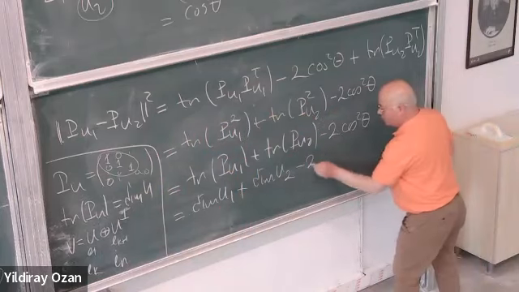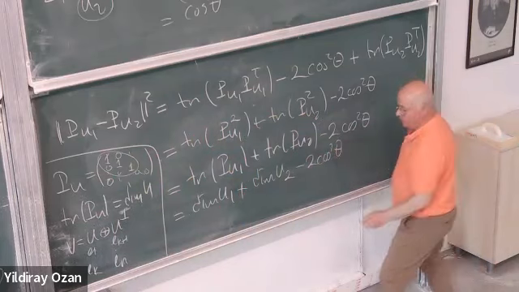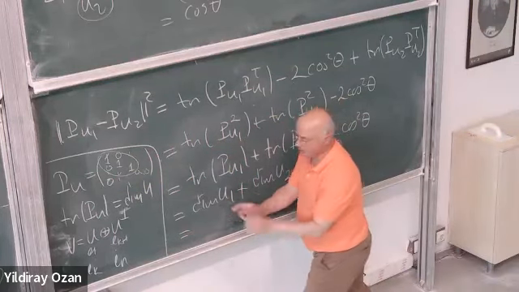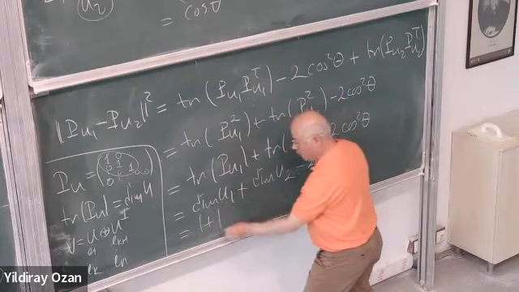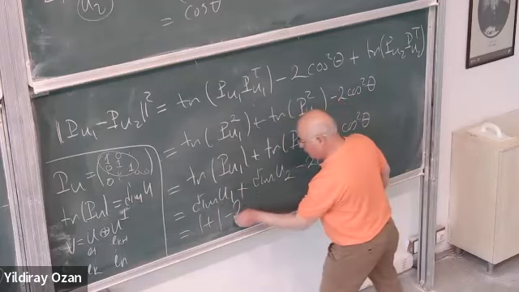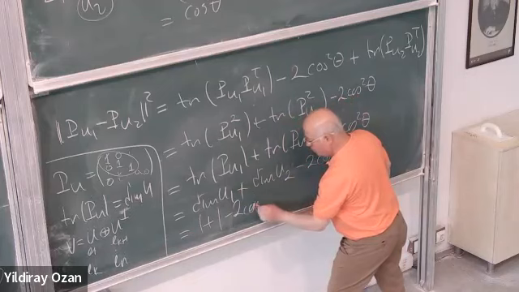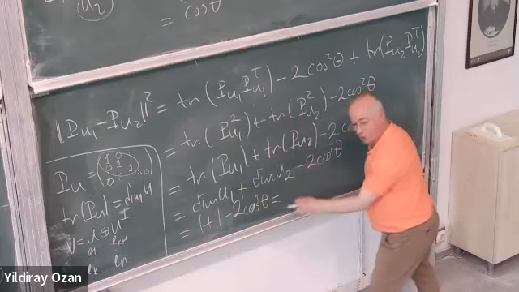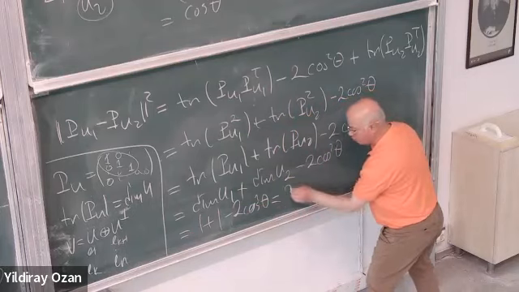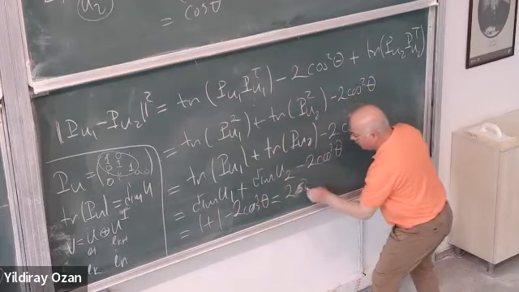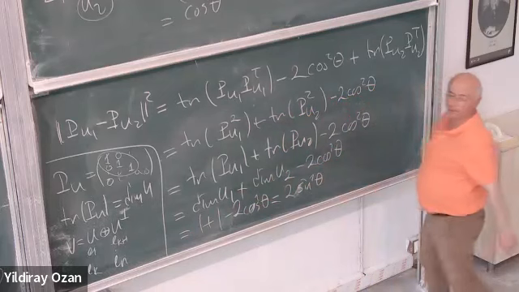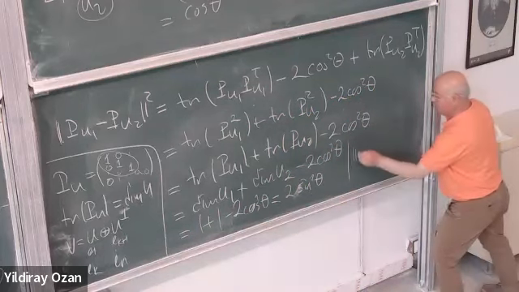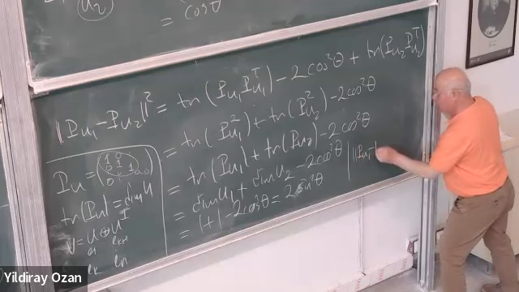So minus 2 times cosine square theta. Now, this is one dimensional; U1 is just a line. This is also one dimension, minus 2 times cosine square theta. So this is just 2 minus 2 times cosine square theta, so this is 2 times sine square theta. So what is the distance between PU1 and PU2?